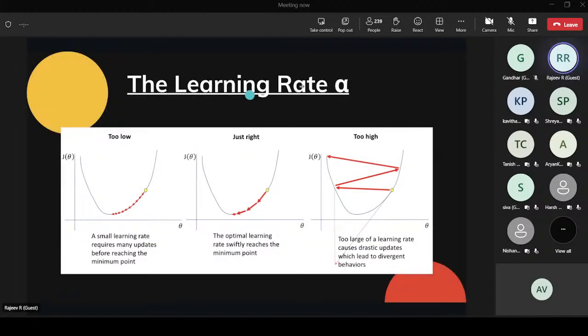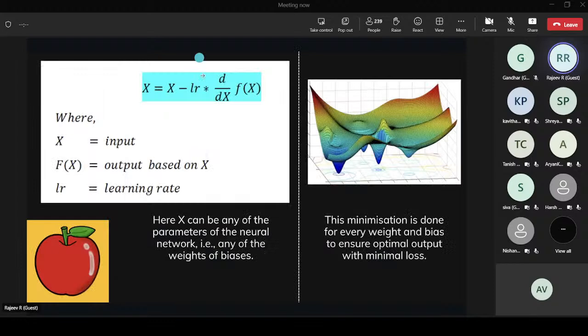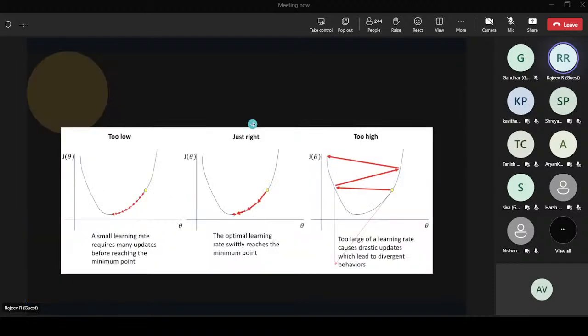So learning rate is another important parameter that determines how your model is going to play out. So we saw learning rate over here two slides back. How this is going to affect the iterations, I will show you while explaining learning rate.